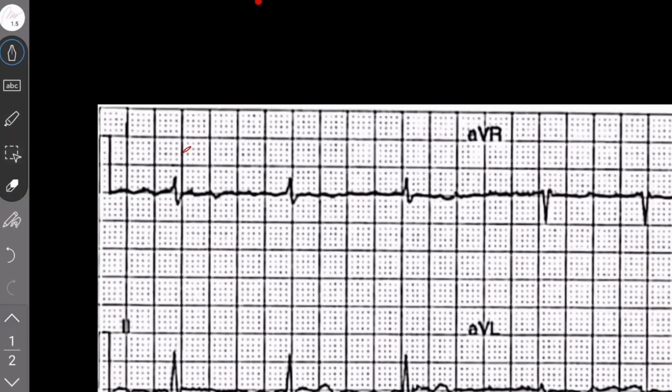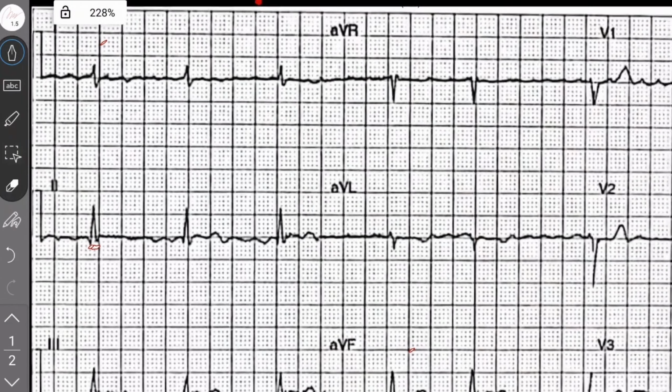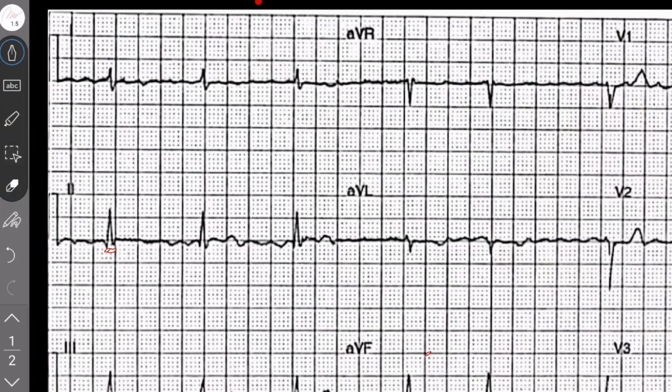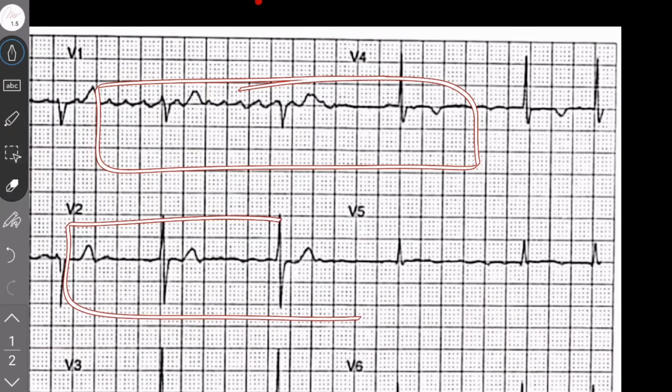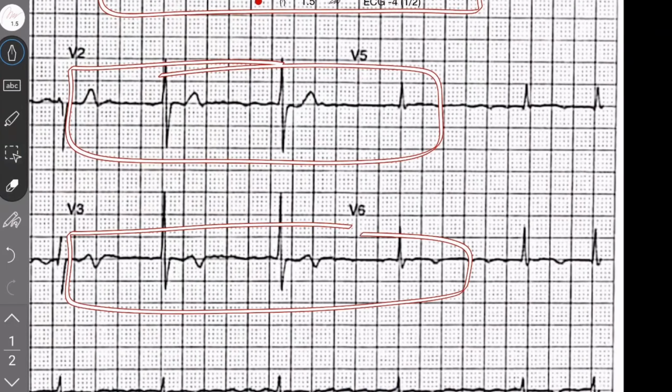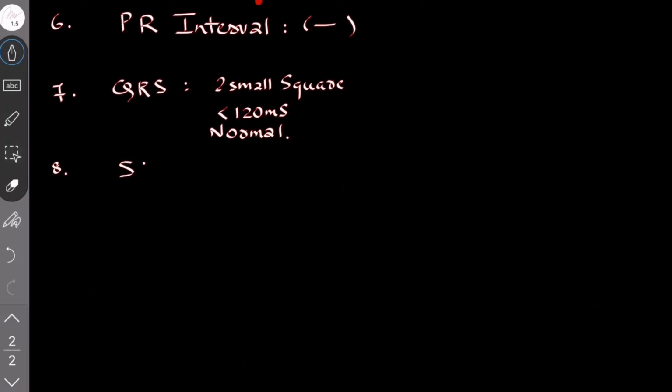So next we check the ST segments. In lead 1, is there any ST segment elevation? No. Lead 2 also no. Lead 3 also no. In the chest leads, there are no ST-T changes. So it's normal. Is there any T wave abnormality?